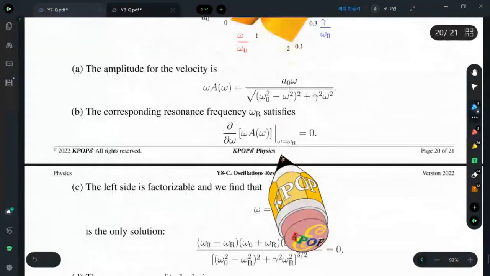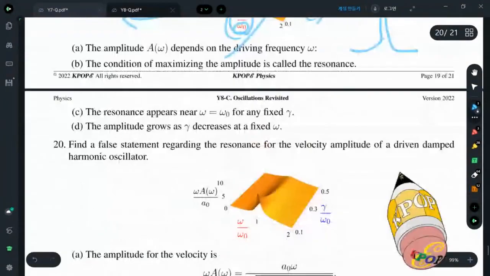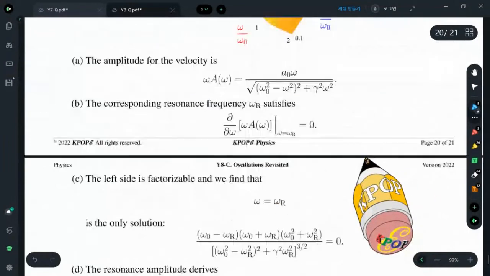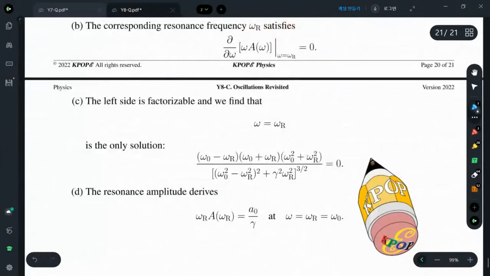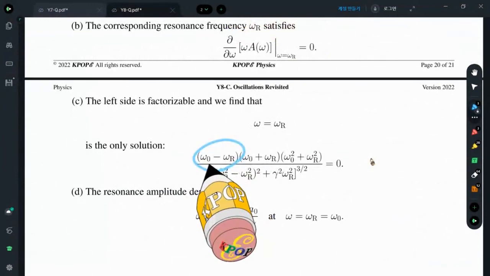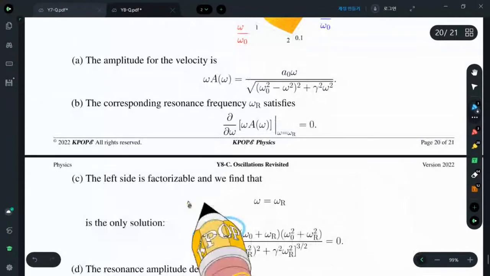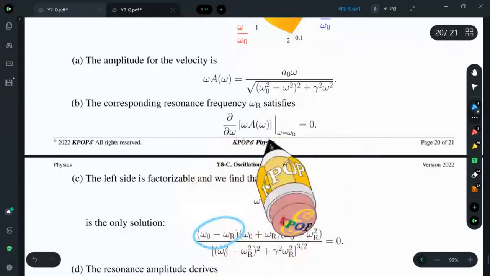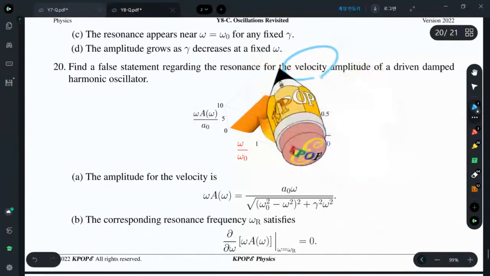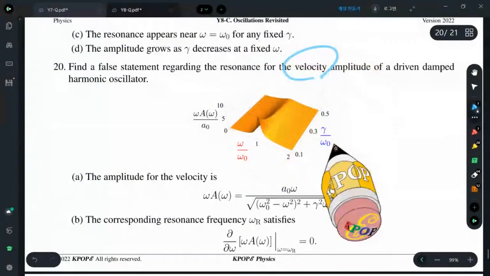And such kind of calculation can be done for the velocity case too. And in the case of velocity, that resonance frequency can be achieved by exactly the same as omega 0. In an electronic circuit, we usually use a current as a reference instead of a charge that is charged inside the capacitor. So velocity is equivalent to the current in the circuit.